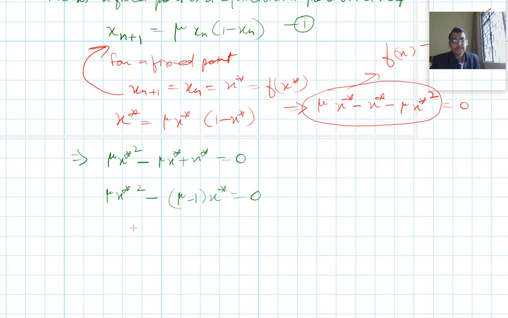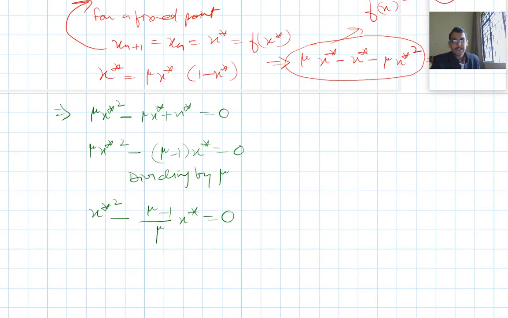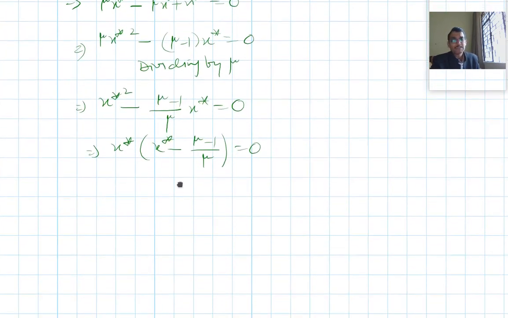Now dividing by mu, we get x*^2 - ((mu - 1)/mu) x* = 0. Let us take x* common, so it is x* (x* - (mu - 1)/mu) = 0. So what does it mean?